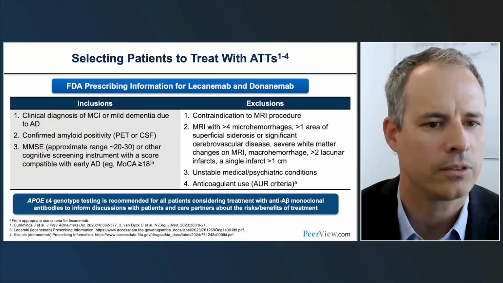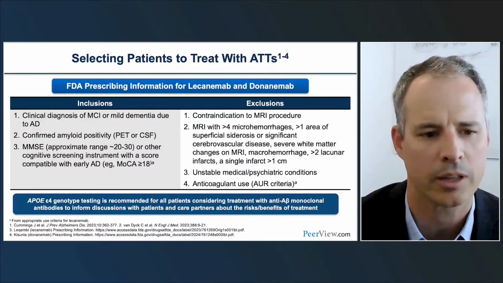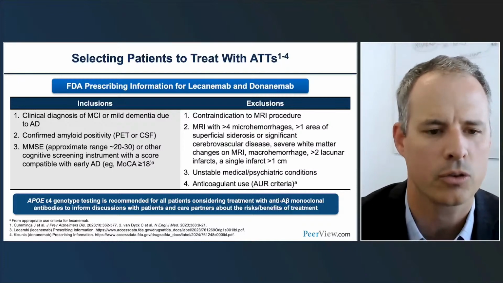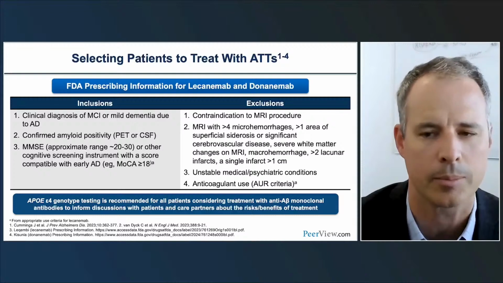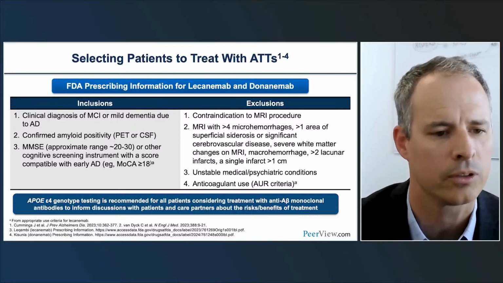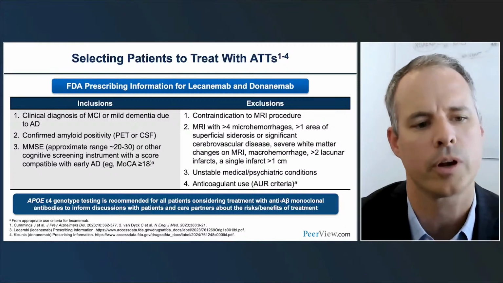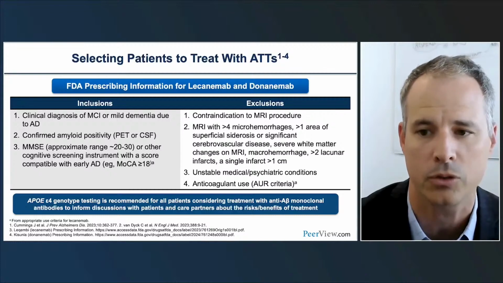So I'd like to discuss the criteria for selecting patients for treatment with amyloid targeting therapies. And these criteria are based on the FDA labels for both lecanemab and donanemab, and are based on the clinical trial criteria for both of those drugs. The important inclusion criteria include a clinical diagnosis of mild cognitive impairment or mild dementia due to AD.